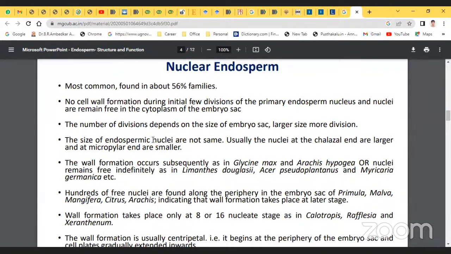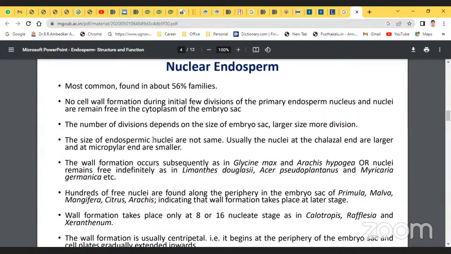The nuclei at the chalazal end are larger and those at the micropylar end are smaller. Already we discussed the embryo sac and its major parts in the previous week. Don't confuse them. We observed this when discussing the structure of the ovule and types of ovules, the chalazal end and the micropylar end.